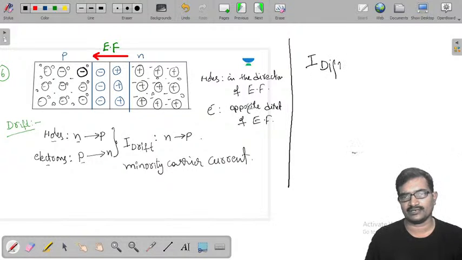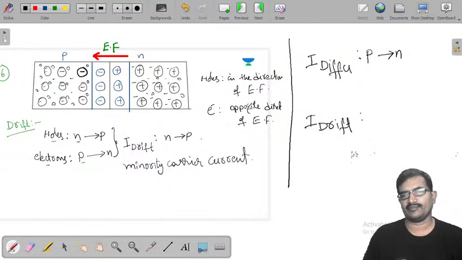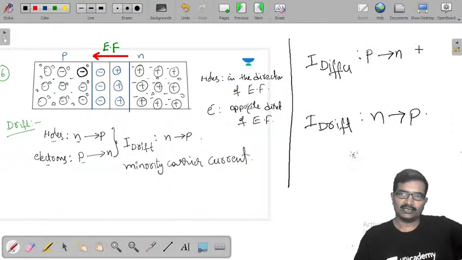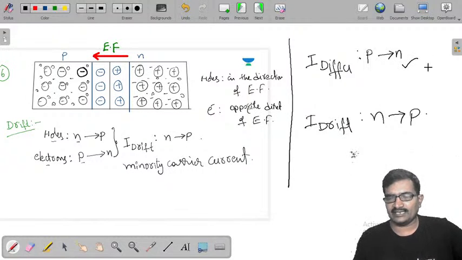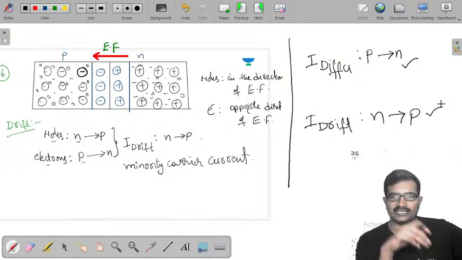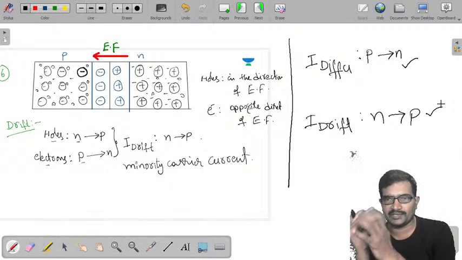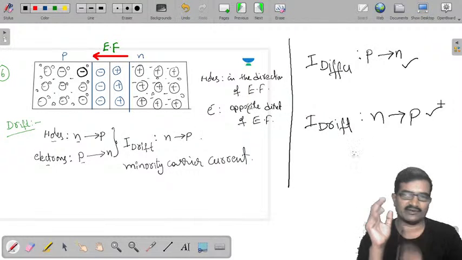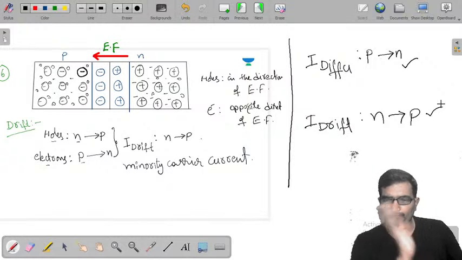I diffusion is moving from P to N and I drift is moving from N to P. This is the majority carrier current and this is the minority carrier current. Did you observe that both currents are opposite in direction? One is moving from P to N, the other from N to P.